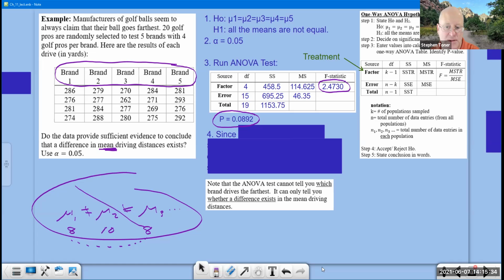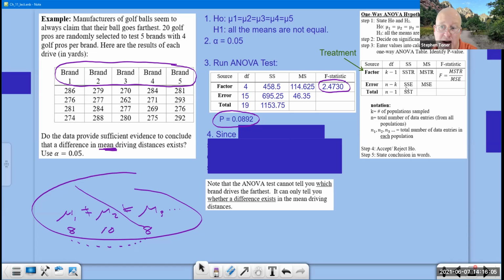Now, you'll notice that I have in this table the words factor and error because that's what your calculator is using. But typically, the key word that we're supposed to be using is the word treatment. If you leave our class and you start moving on to other classes, this position that I'm pointing to with my mouse, in the SS column, which stands for sum of squares, and in the treatment row, is SSTR.